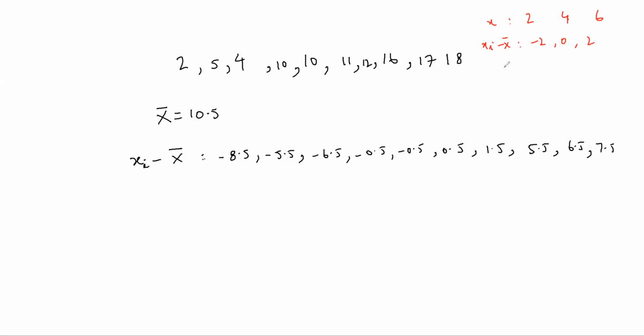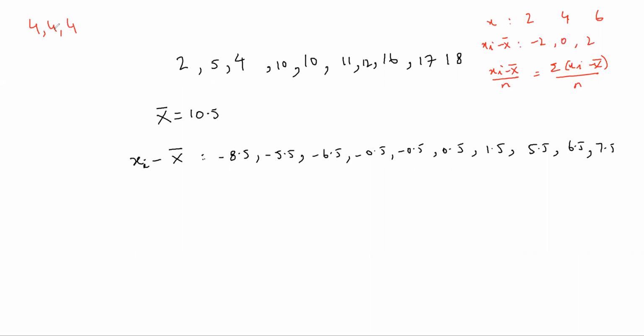So if you want to calculate the mean deviation, that would be the sum of all these deviations over this n. So what is the sum of all deviations here? 0. So if the sum of all deviations is 0, that means the data is just like this, 4, 4, and 4.